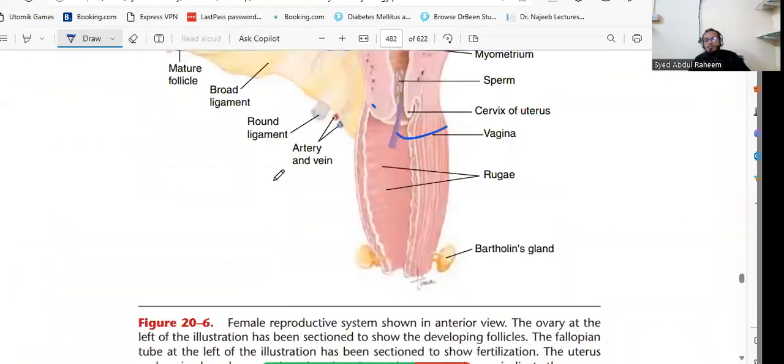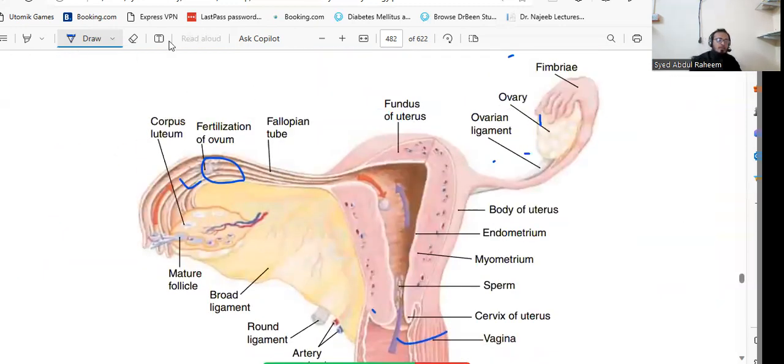So basically, you can see that this is the fallopian tube. It has a folded structure and ciliated epithelium tissue, and it is connected to the ovaries. One end is connected to the ovary, and the other end is connected to the uterus. So, very important.